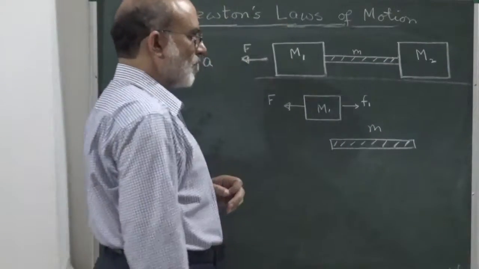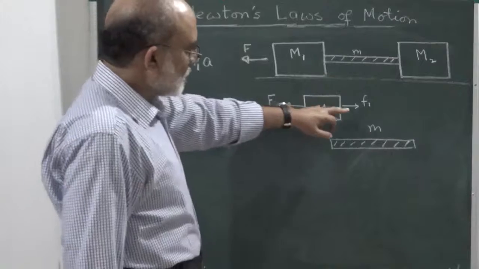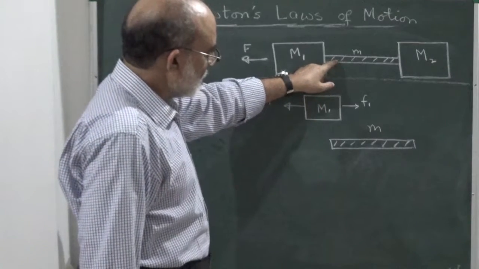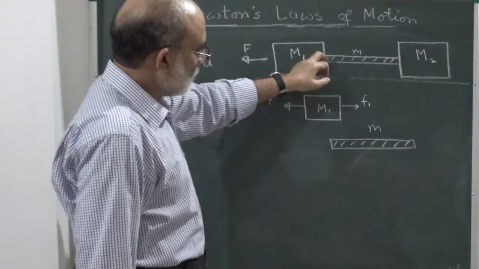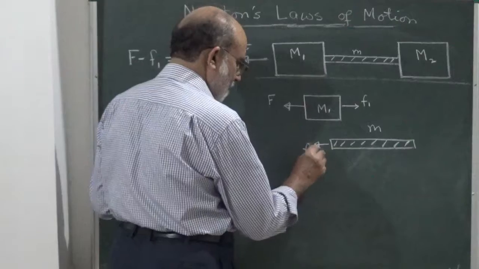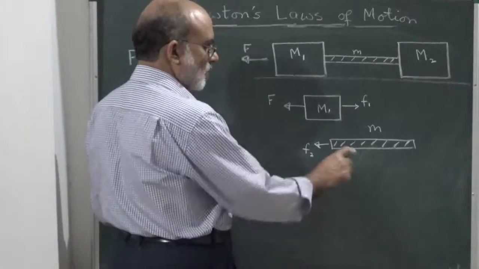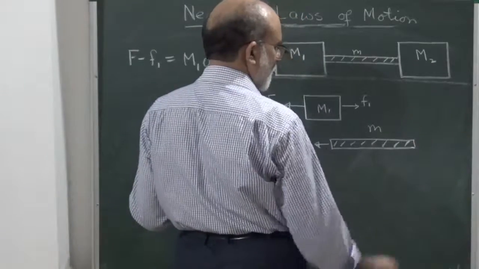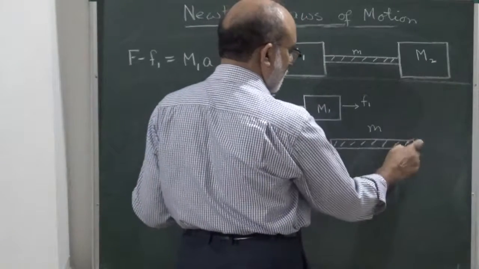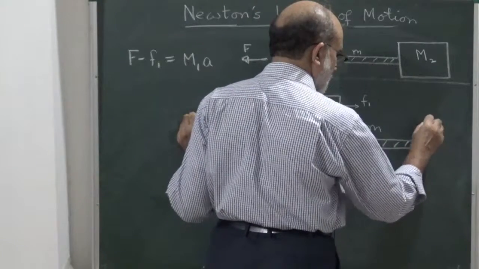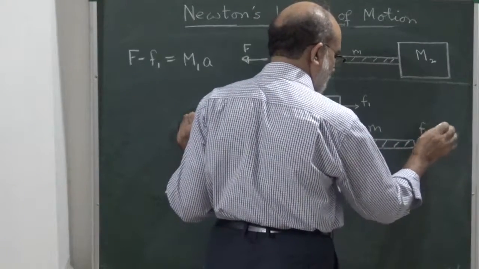Now we have the rope as our system, having mass M. If this is the action on the rope, the reaction by the block on the rope will be F2. Now this rope is also attached to the M2 block, so M2 will act as surroundings on this rope and apply force F3 here.